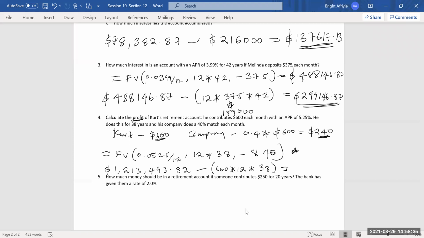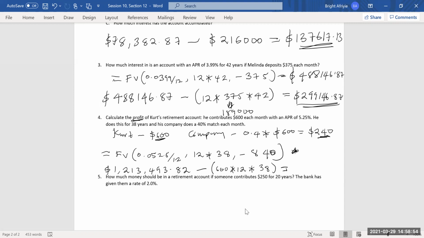So in addition to whatever money the company investment yields. So 600 by 12 by 38, okay, which is 273,600.